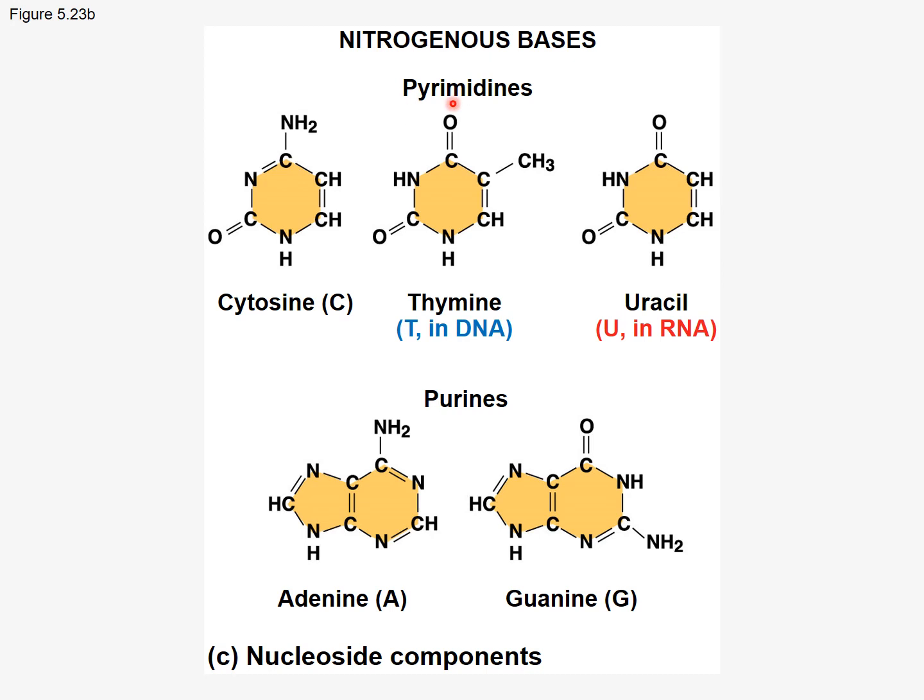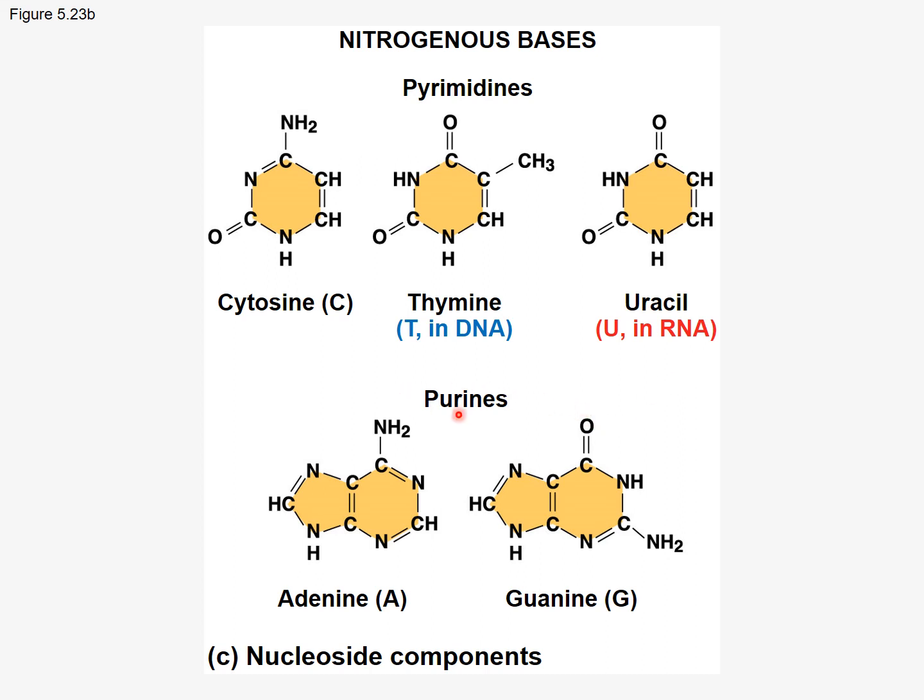Pyrimidines are a class of nitrogenous bases that have one ring system, and there are 3 different pyrimidines. We have cytosine, thymine, and uracil. Cytosine is going to be found in DNA and RNA. However, thymine is only found in DNA, and uracil is only found in RNA.